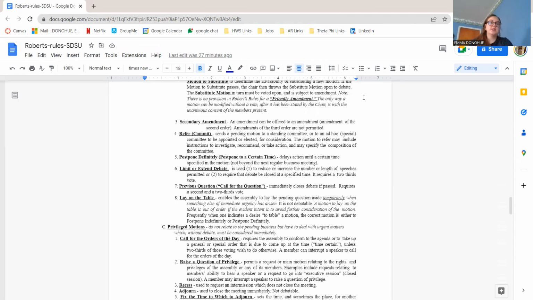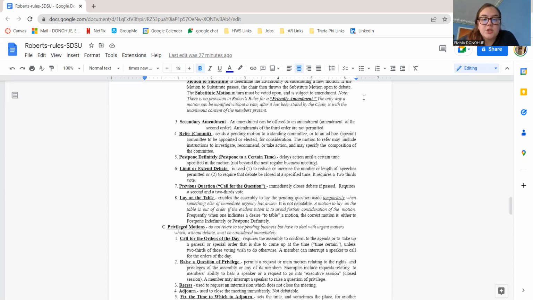And then we go into the secondary amendment, which is an amendment that can be offered to an amendment of the second order. Amendments of the third order are not permitted. And then we have refer or commit, which sends a pending motion to a standing committee or to an ad hoc special committee to be appointed or elected for consideration.